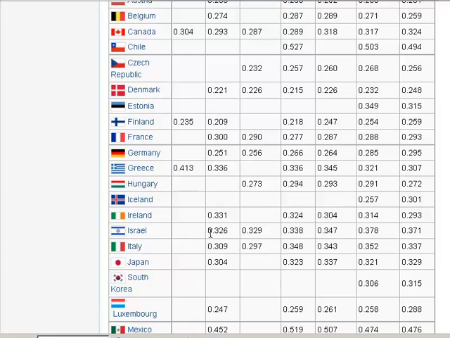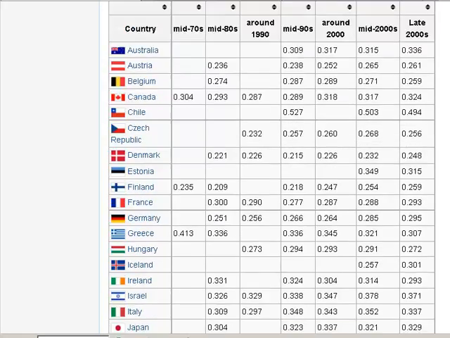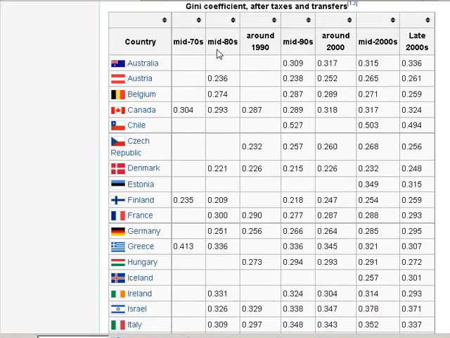Here we can see that, in the 80s, Ireland had a Gini coefficient of 0.33. Remember, higher is less equality. By the time we hit the 90s, it was down to 0.324. So we were becoming a more equal society. As we got around to the year 2000, it had fallen further to 0.3. By the late 2000s, it was 0.293.